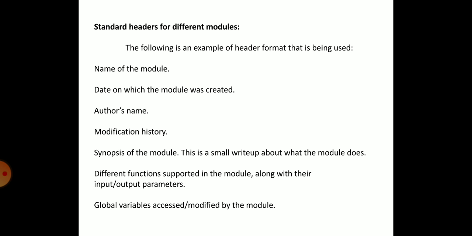So the headers for each module should contain at least these data, so that anyone else from the development team can better understand the module, the function of that module, by reading its synopsis, or by getting the functions that are being used in that module and the different data, that is, the different input and output parameters used with that module, and the global variables that are used and that are modified by the module.